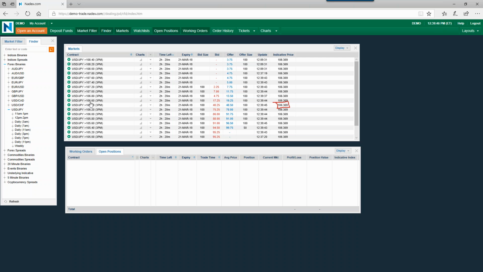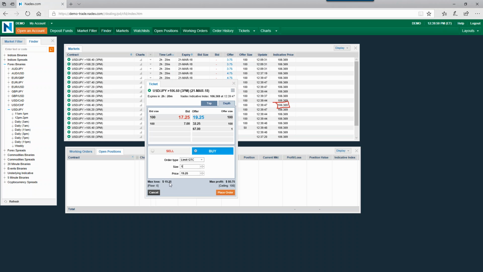So for example, 106.60, that one only has $19.25 of risk. Again, if your bias is to the upside, you could actually enter this for $19 with the potential of $81 in profit, okay? Now you can see it just changed. It went to 26, back to 18. You know, these premiums change a lot, okay?